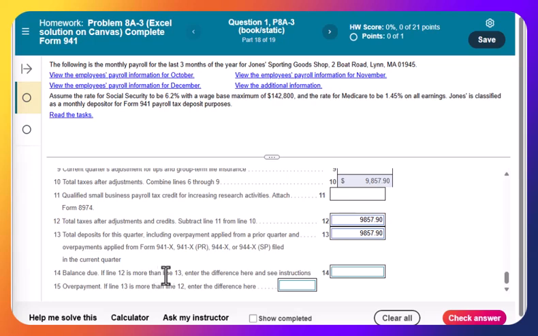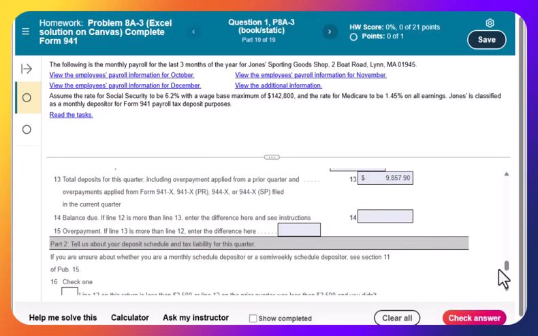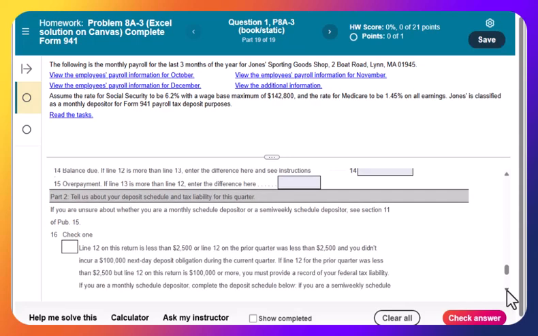If line 12 is more than line 13, it is not, it's the same. So we'll go ahead and leave that blank. Again, in this problem we don't put zeros. So then for 15, overpayment, since the lines are the same, there is no overpayment, so we go ahead and leave that blank, and we can go ahead then and check our answer. Well done. And then we can go ahead and move on to part 2.